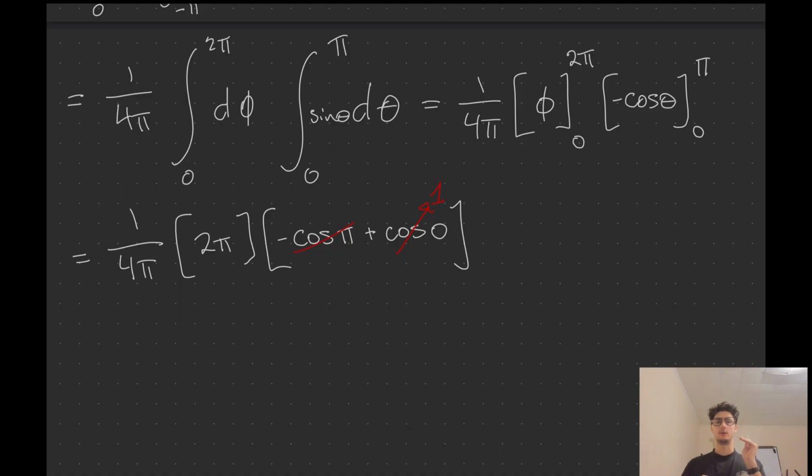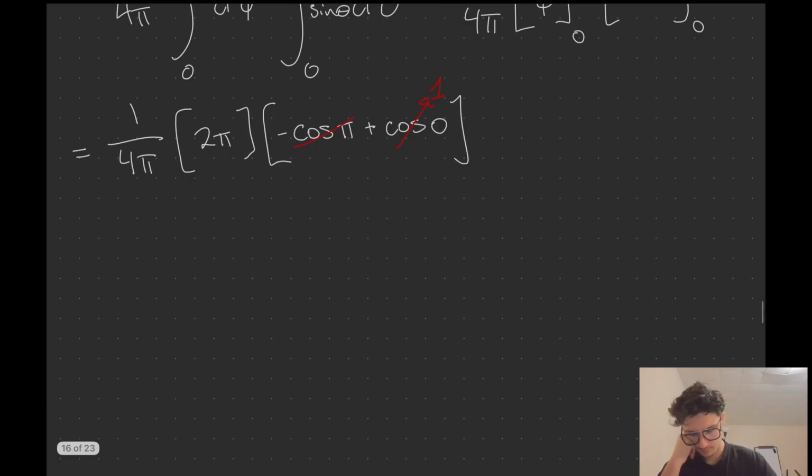Cosine of 0 is 1, and then it travels up. Cosine of pi over 2. Oh man, I need a little unit circle. So here is 1 comma 0. Here is 0 comma 1, negative 1 comma 0, 0 comma negative 1.